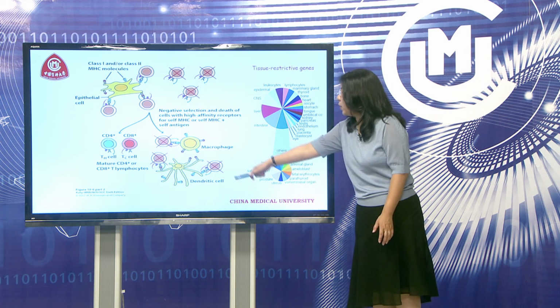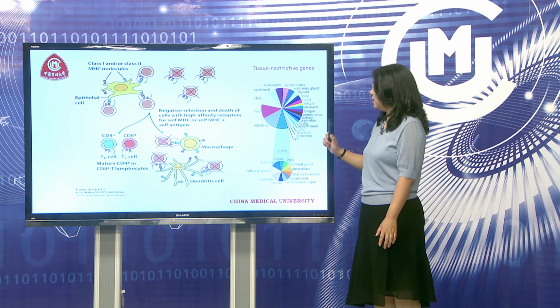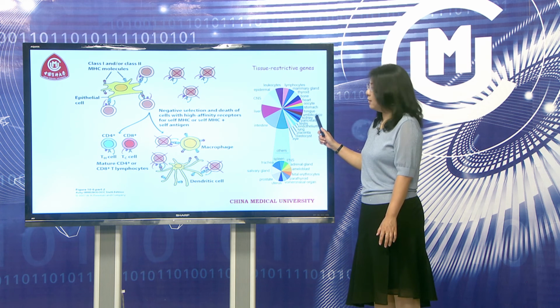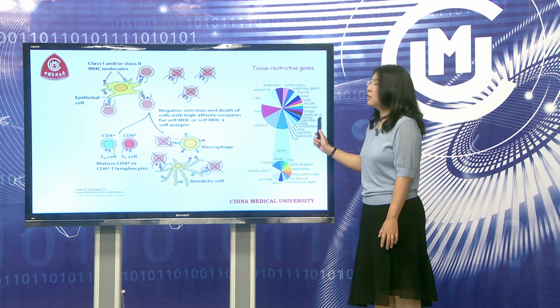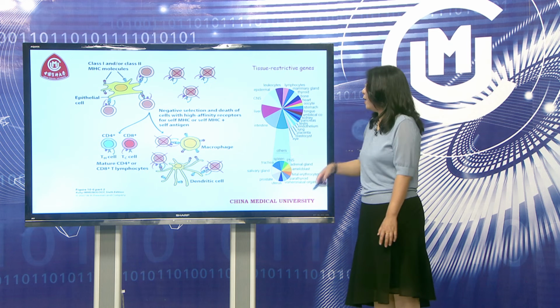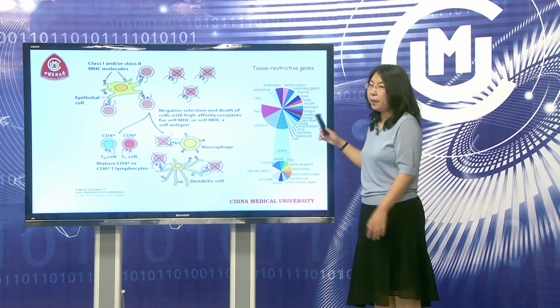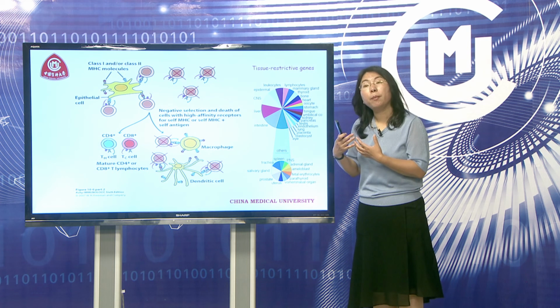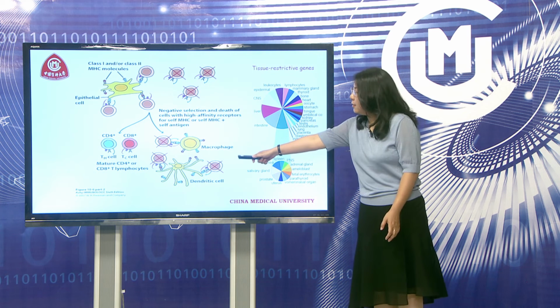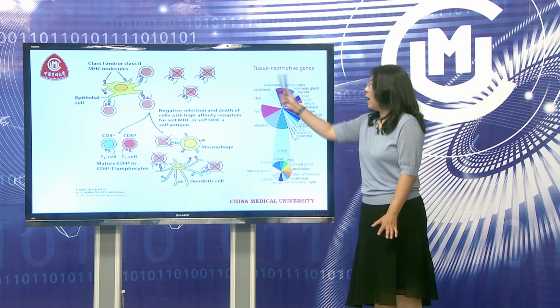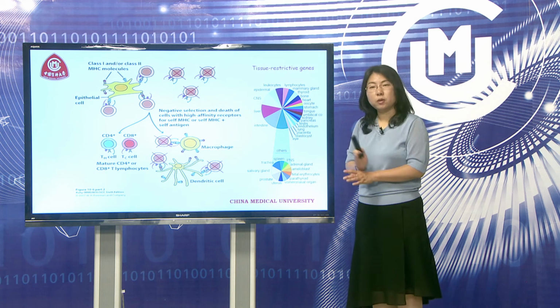Maybe this T cell can recognize our pancreas or our kidney, and that is dangerous. This T cell is an autoreactive T cell and makes us have autoimmunity. So this T cell that can recognize our own antigen cannot survive.